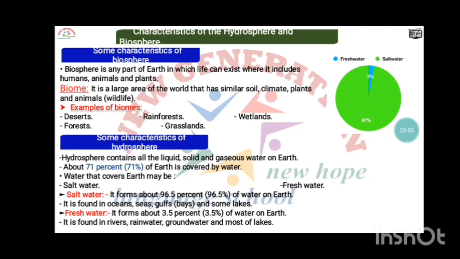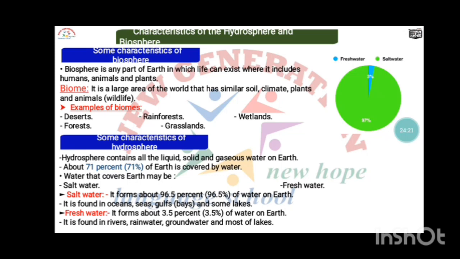Some characteristics of hydrosphere. Hydrosphere contains all the water on Earth, and about 71% of Earth is covered by water, so the planet looks like a blue marble from space. We have salt water and fresh water.